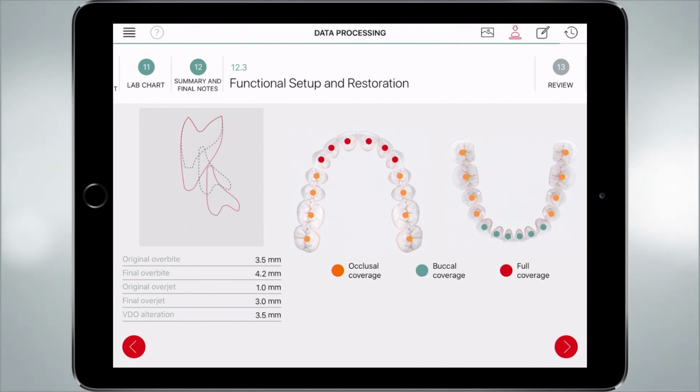So we see the original overbite, the final overbite, original overjet, final overjet, vertical alteration 3.5 divided between lower and upper, as you have seen already, and then all the final restoration made. Occlusal coverage on posteriors, upper, lower, but full coverage with full veneers on the upper anteriors, and buccal veneers on the lower anteriors.